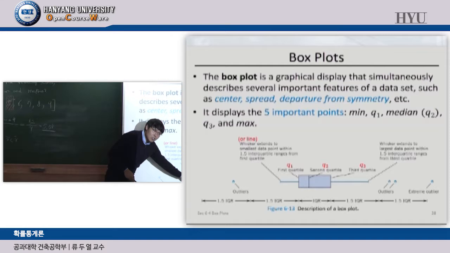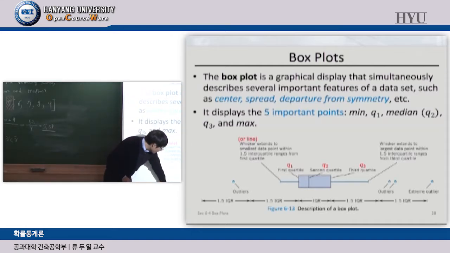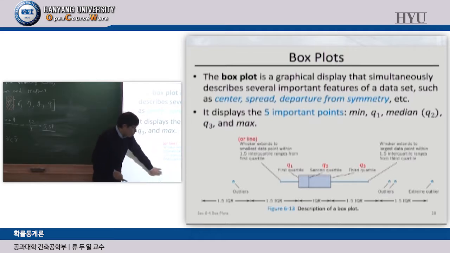So this is the smallest data point included in this range. We have more data points beyond this range, but we are not going to discuss those points. We are going to neglect them.